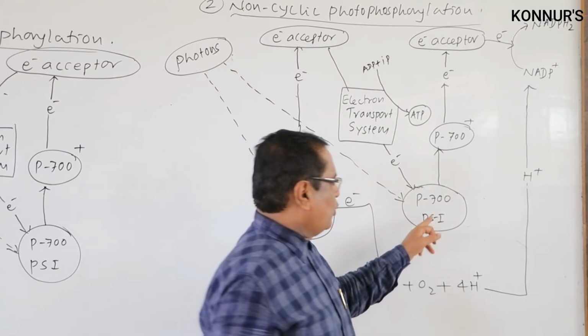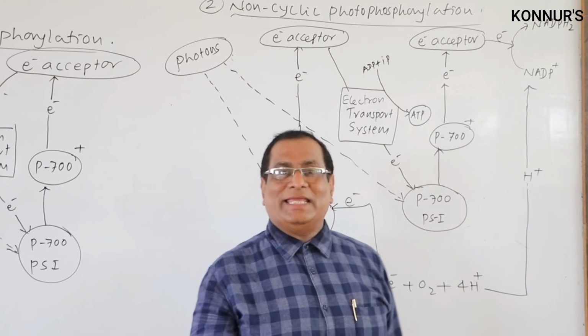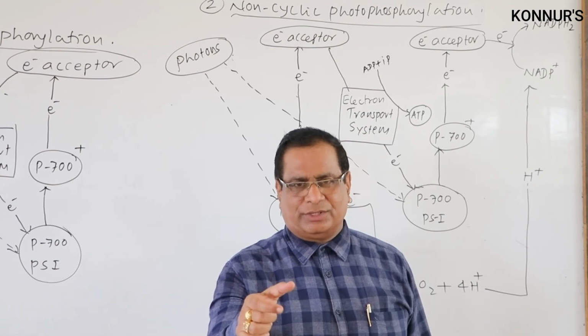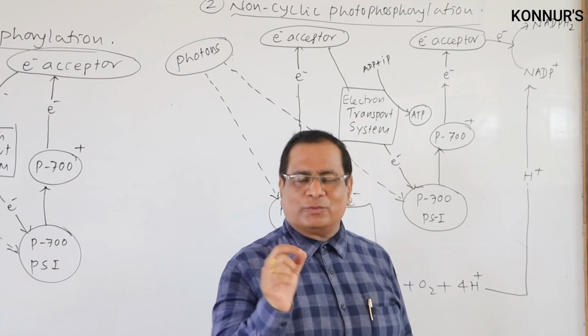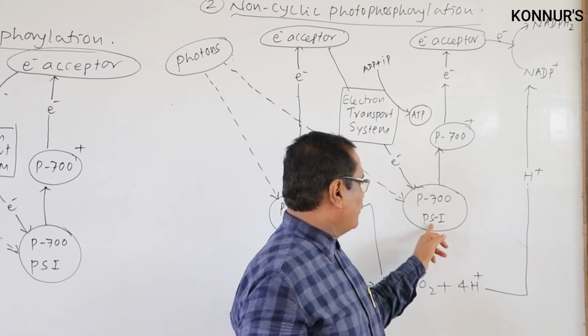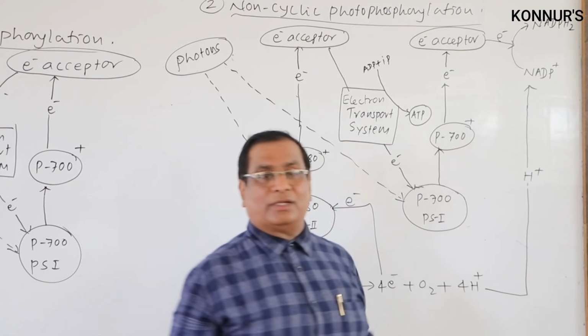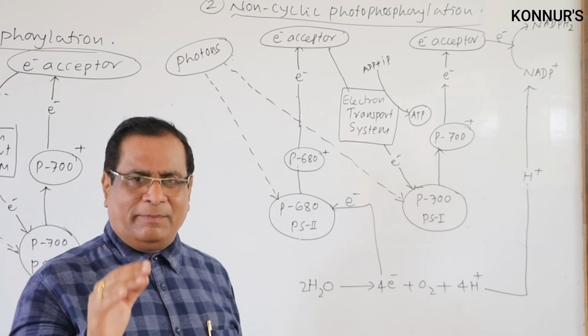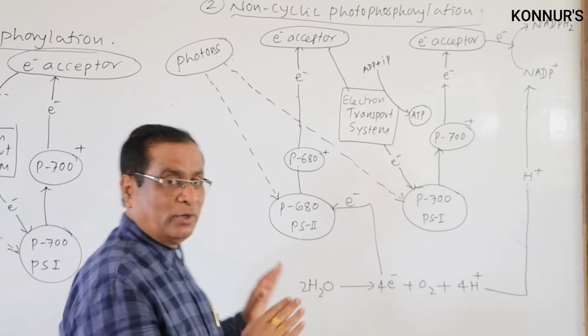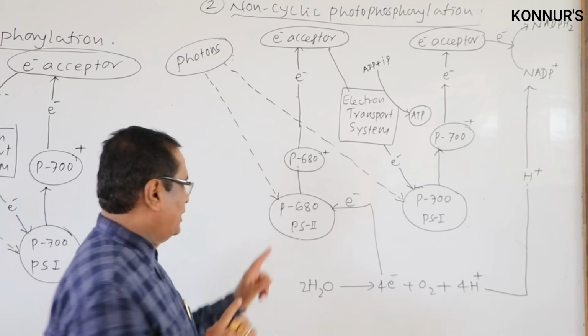And the electron of photosystem first is used for the formation of NADPH2; it is used to reduce NADP into NADPH2. Remember these 3 points where they can make the NEET question.